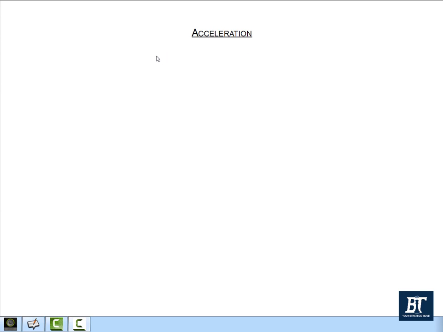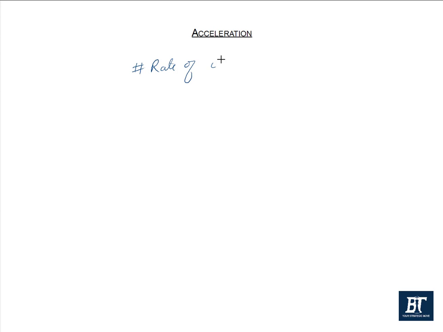So the definition of acceleration is defined as the rate of change of velocity.